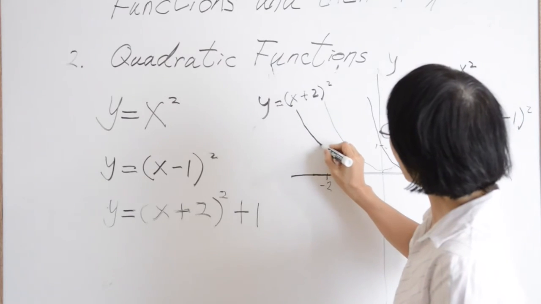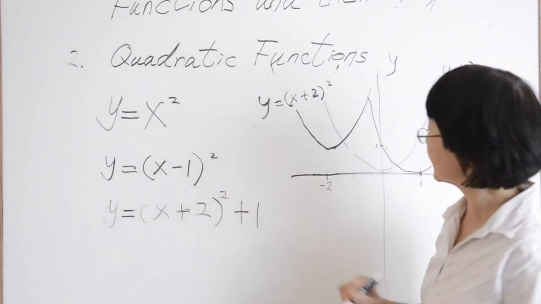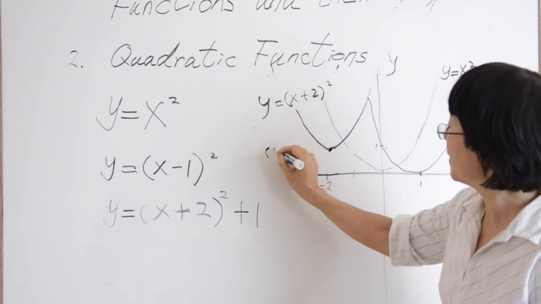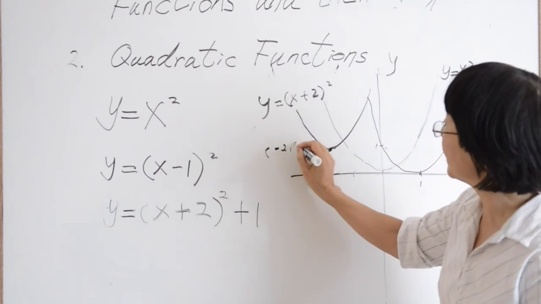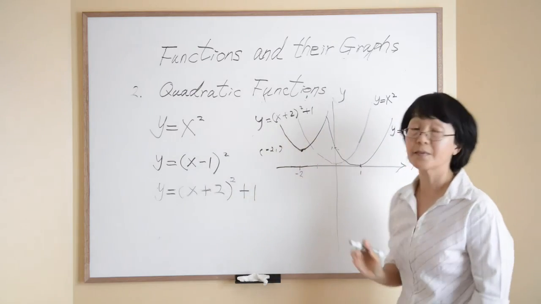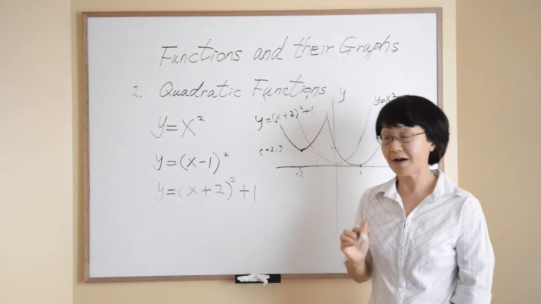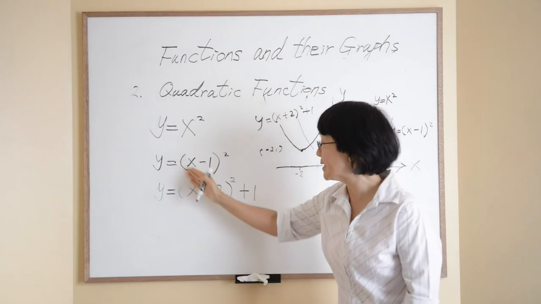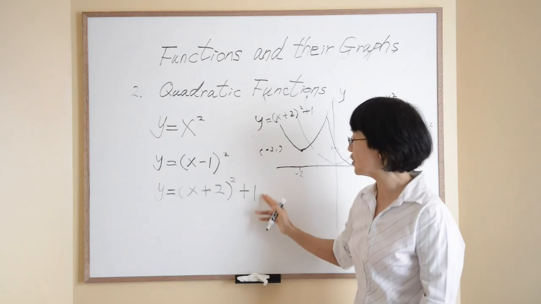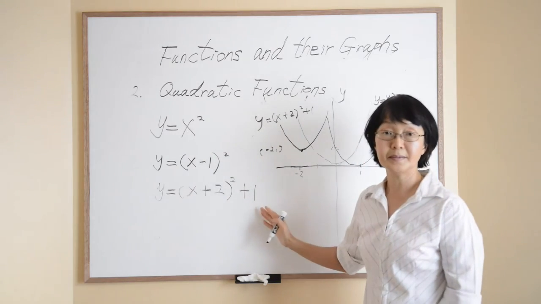So the new graph looks like this. The vertex there will be (-2, 1). That's pretty easy, right? Horizontal shift is inside, applied to the x, and vertical shift is applied to the y. Okay, good.